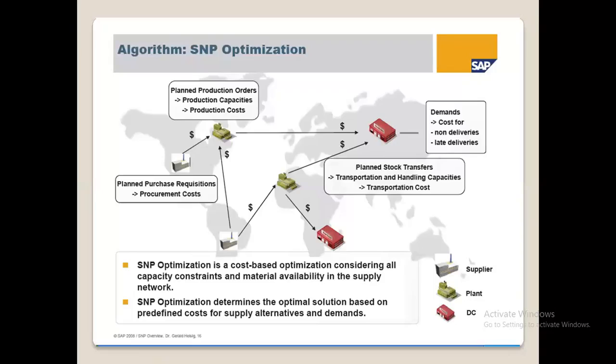Big Bazaar's penalty cost is high, so first of all they send the demand to Big Bazaar. This scenario is covered in the optimizer. Okay, this is cost based planning and finite planning.